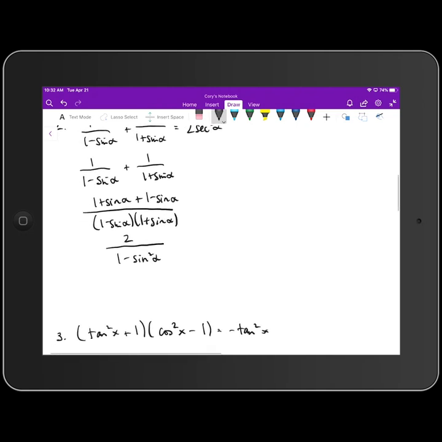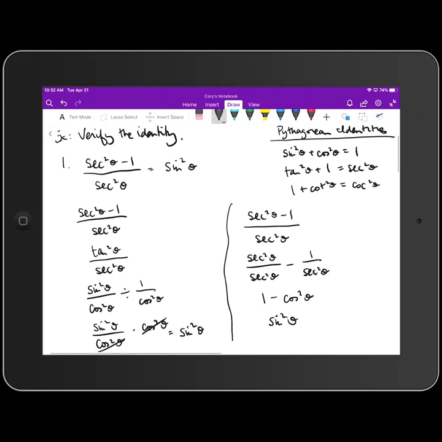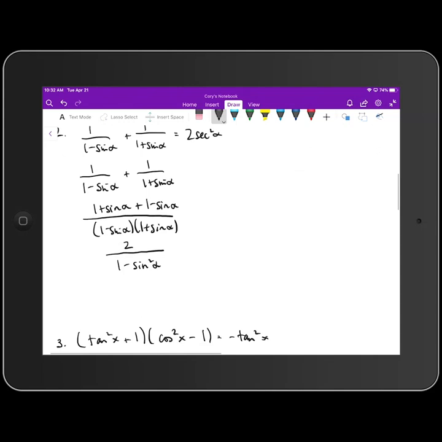Then we can take that top Pythagorean identity: 1 minus sine squared is equal to cosine squared. So this becomes 2 over cosine squared of alpha, which I can rewrite as 2 times the secant squared of alpha. And we verified that identity.